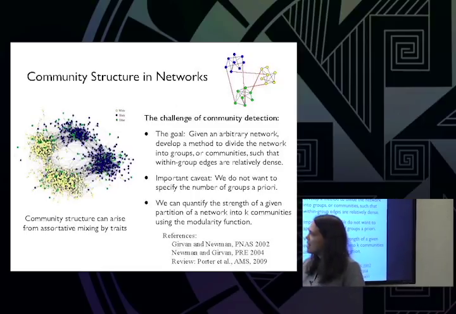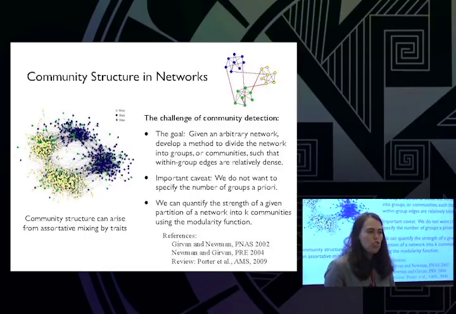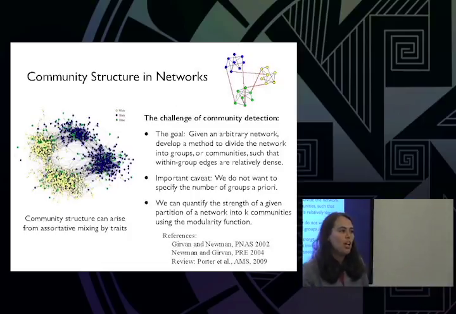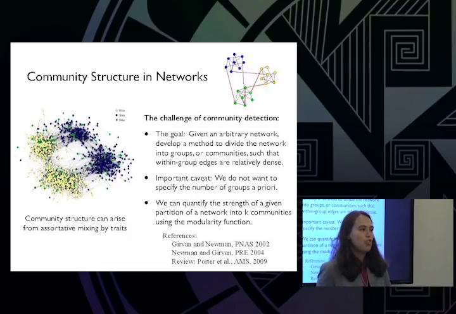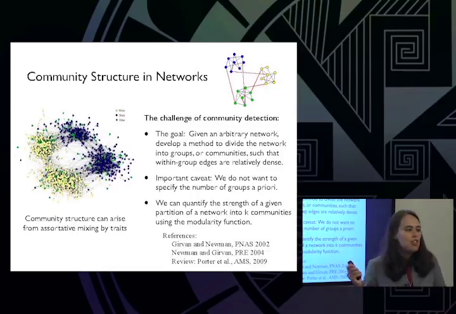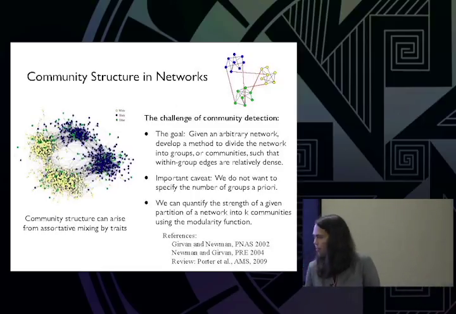But this is the basic idea. Lots of networks have these strong communities, and if I just did these configuration model networks, they wouldn't have this community structure. So that's why I needed that configuration model to evaluate, in some ways, the strength of these communities.